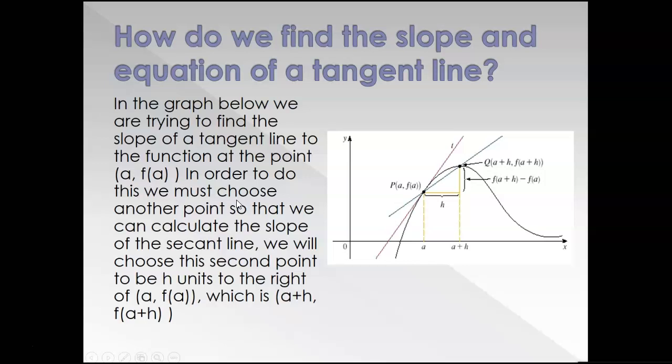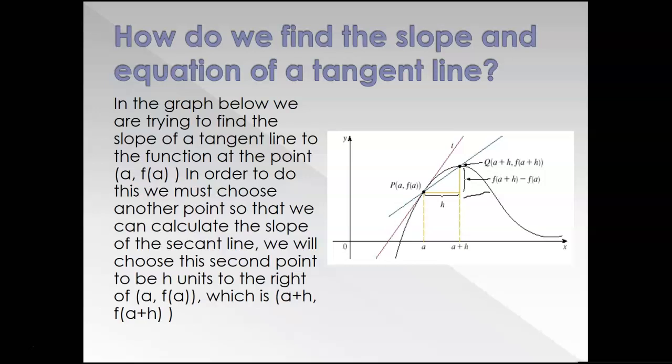How do we find that? In the graph below, we are trying to find the slope of the tangent line to the function at the point A, f of A. In order to do this, we choose another point so we can calculate the slope of the secant line. So, here's the big idea.